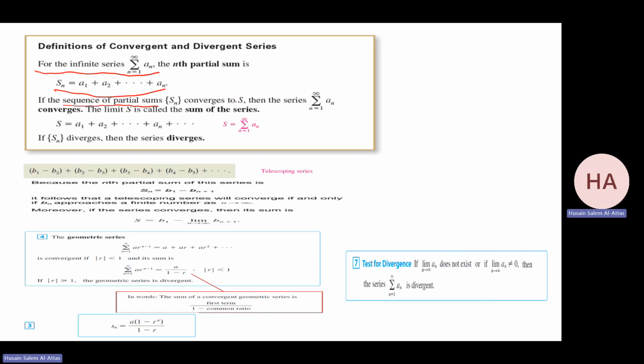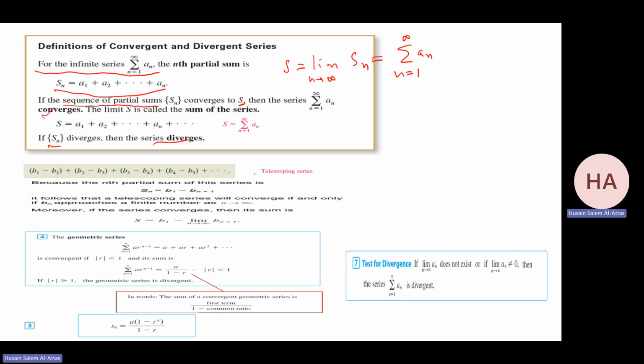If the sequence converges to a value S, then the series converges, and the limit is the sum. S is the limit of the partial sum as n goes to infinity. If it converges, that will be the summation of these a_n terms. If it diverges, then the series diverges.